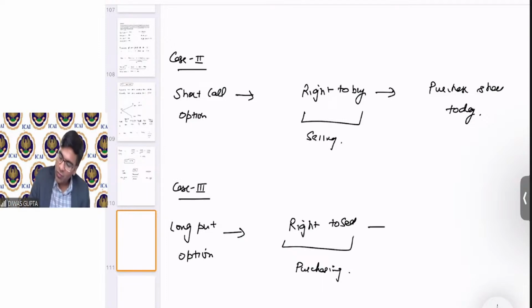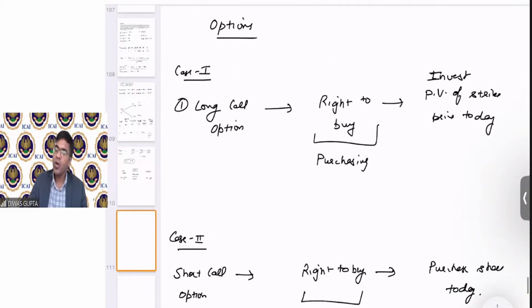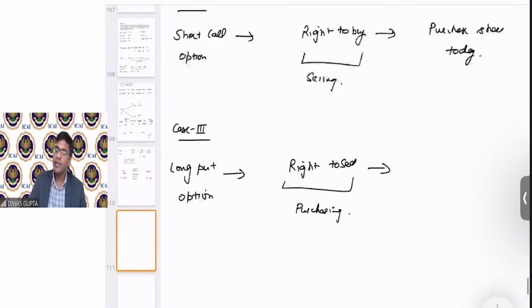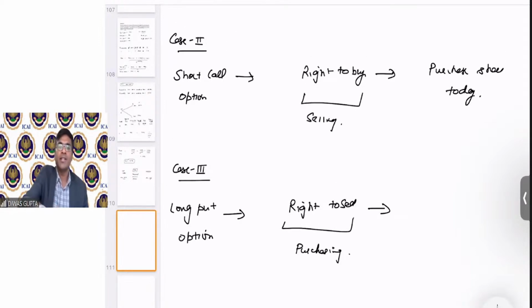Now tell me, students, what should I do here? If I'm purchasing a right to sell, should I purchase a share today or should I invest the present value of strike price today, so that once this option becomes exercisable, I don't face any problem.